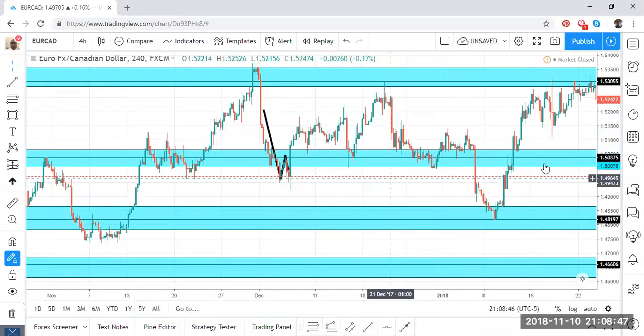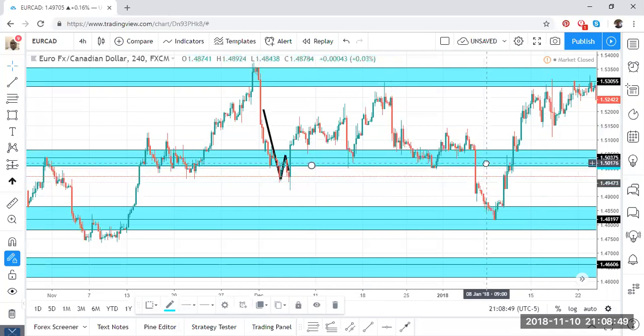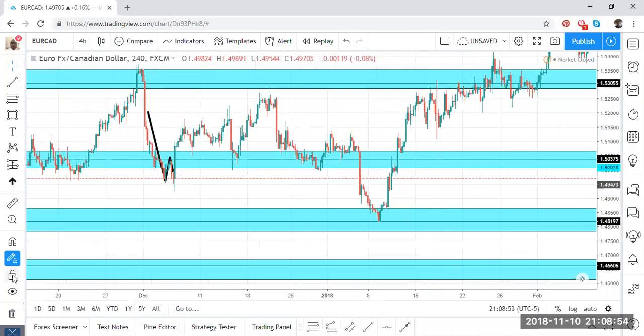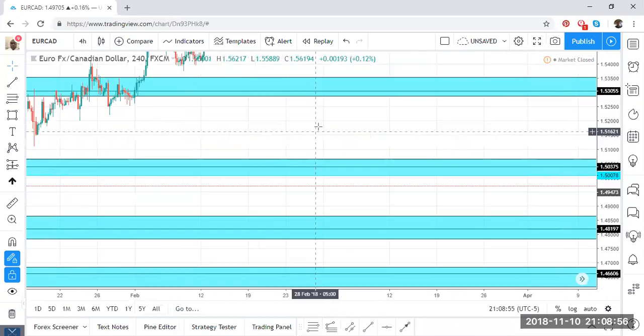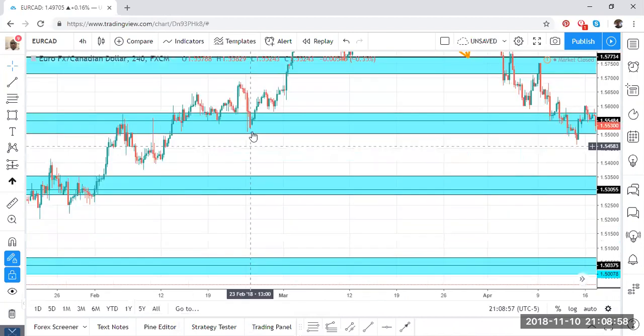I want it to be clear. So looking for a double bottom now.